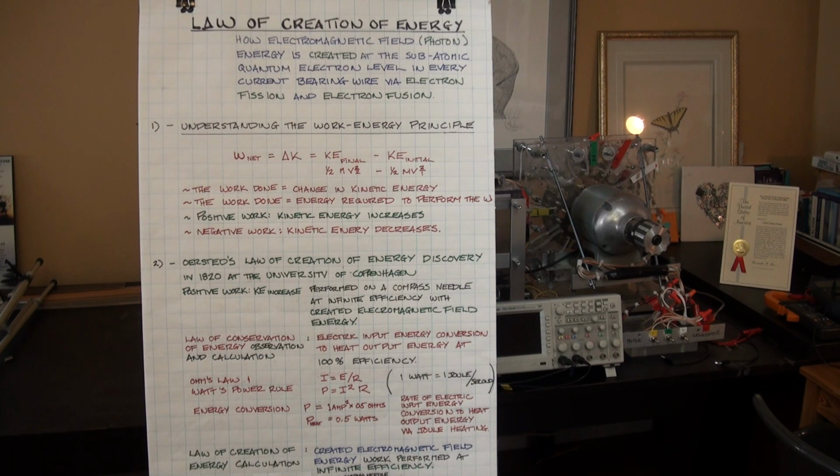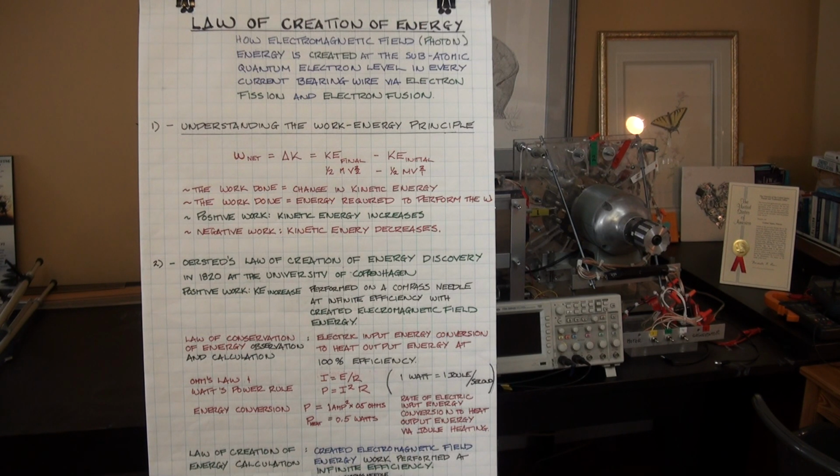So, in order to understand the law of creation of energy and how it manifests itself in electric generators, which perform negative work or kinetic energy reduction, we first have to understand the work energy principle.